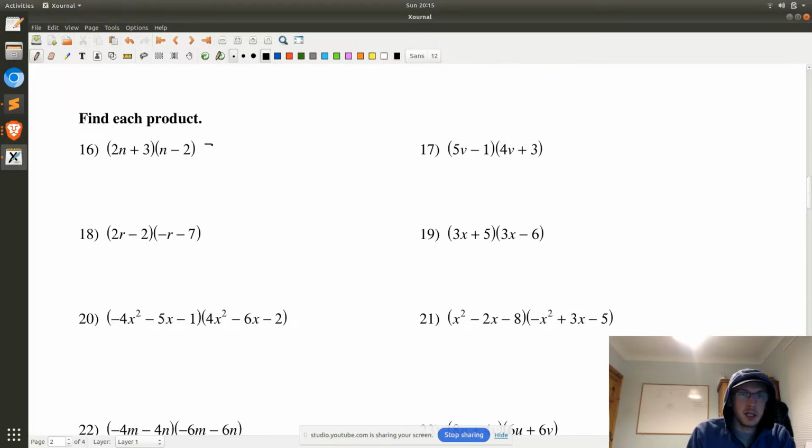Okay, it's here. Here, simply apply FOIL. So 2n squared, add 3n, take 4n, so negative n minus 6. 20v squared plus 11v, take 3.